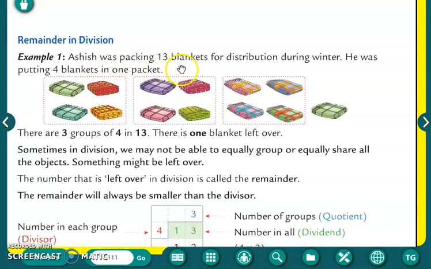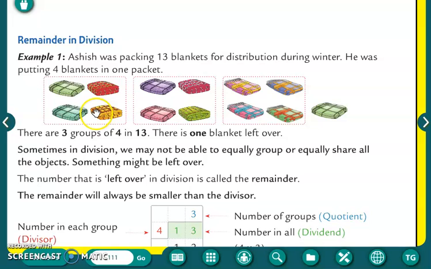Ashish was packing 13 blankets for distributing during winter. He was putting 4 blankets in one packet. See, total 13 blankets are there, and in one packet 4 blankets are there. There are 3 groups of 4 in 13. There is one blanket left over.